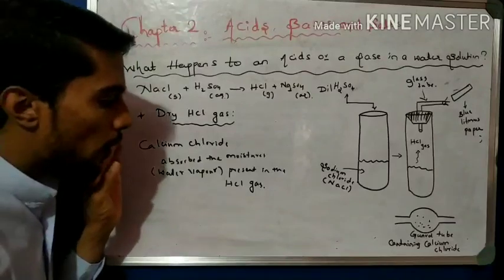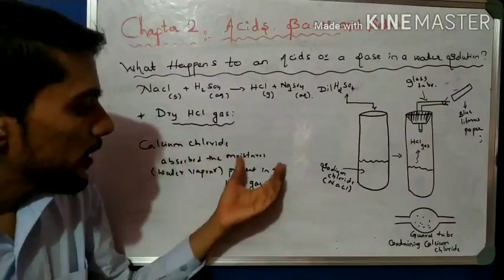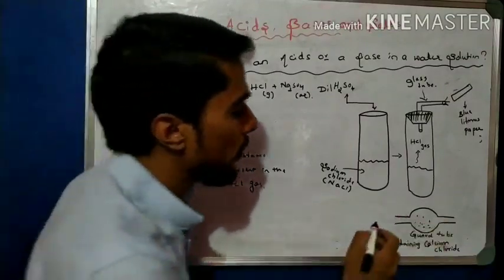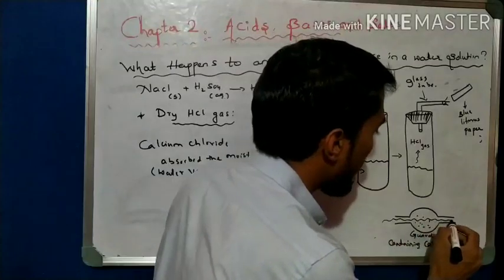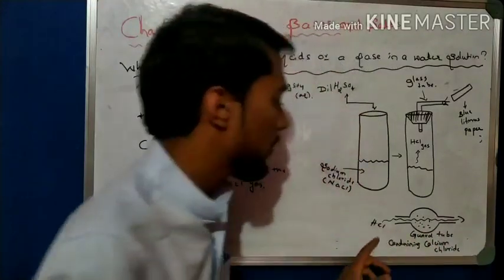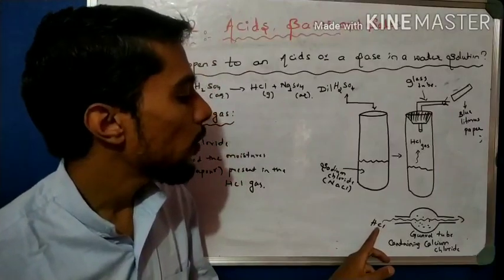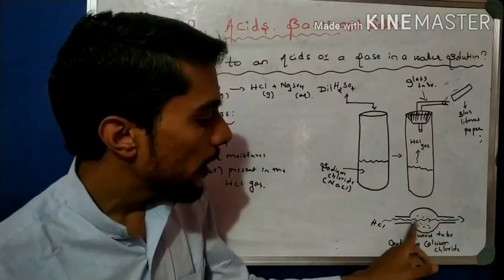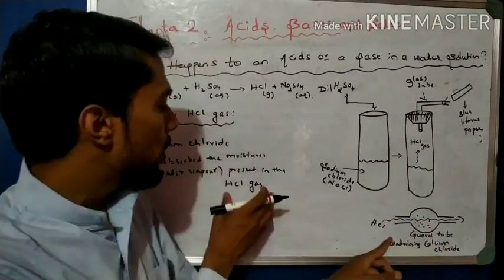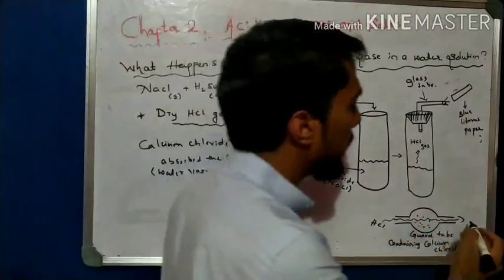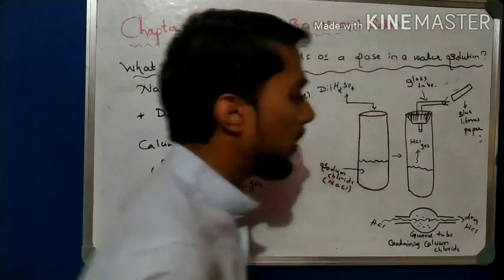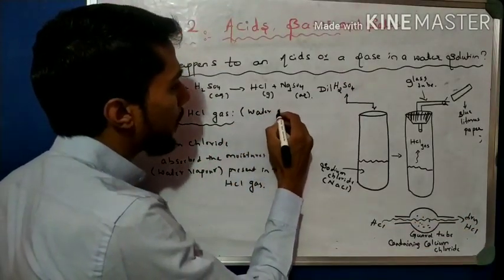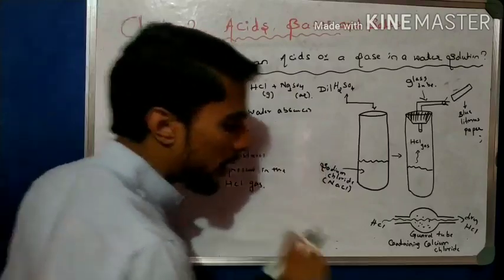The water molecules present in the HCl gas are absorbed by the calcium chloride when the gas is passed through this, right? So when the hydrochloric acid gas passes through the calcium chloride, the water molecules are absorbed here and we get dry HCl gas. So what is meant by dry HCl gas? Water molecules absent. That means water absence.